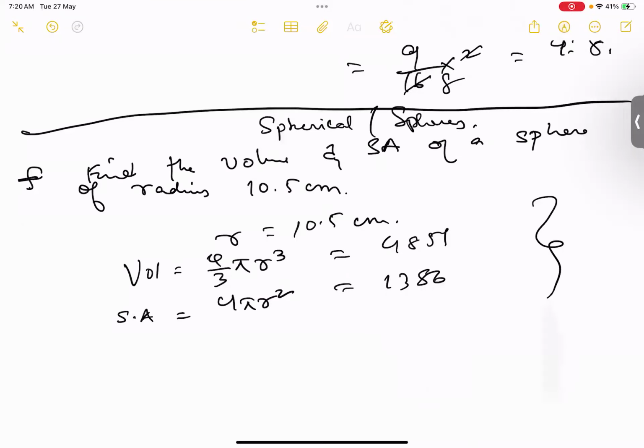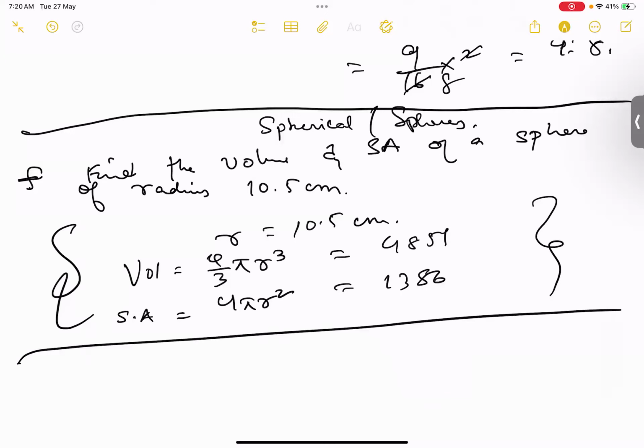Okay, so these are direct only. So just remember the volume of a sphere is 4 by 3 pi r cube, and surface area is nothing but 4 pi r square, which means surface area is 4 times the area of a circle of radius r.